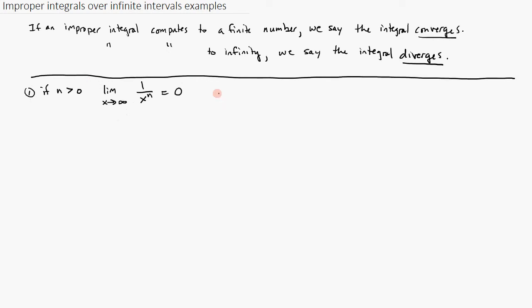So that's the first one. If again n is greater than 0, you take the limit as x goes to infinity of x to the n. Here the numbers are getting bigger and bigger, so this goes to infinity.